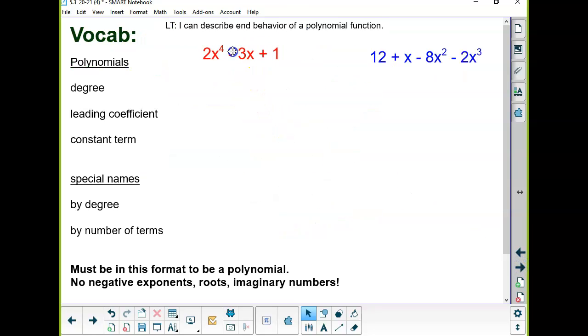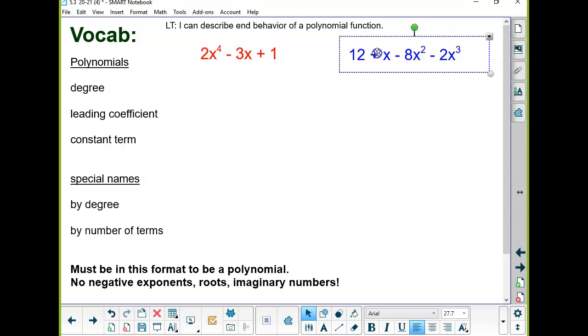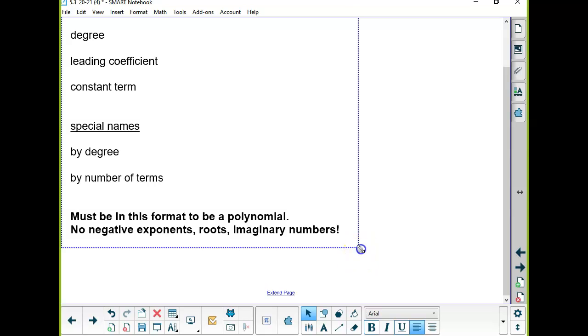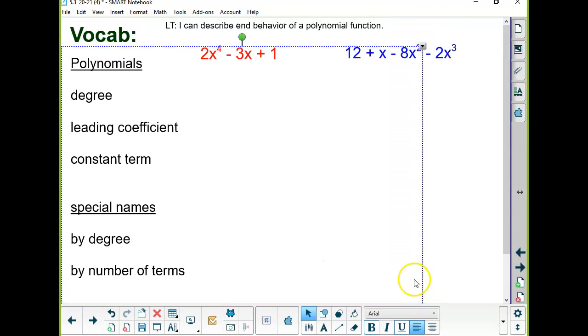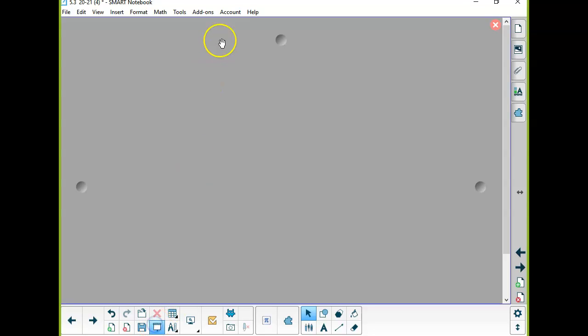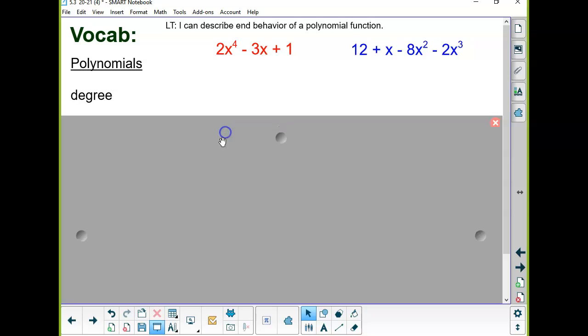So this part here, we're going to use these 2 examples to point out some of the vocabulary. And you hopefully are familiar with these because we used a handful of them in the past. When I talk about the degree, if I have a polynomial, both of these are polynomials, we want to look at the degree.